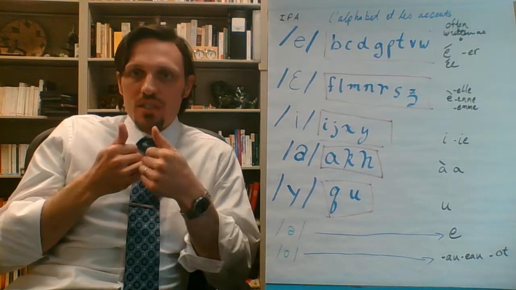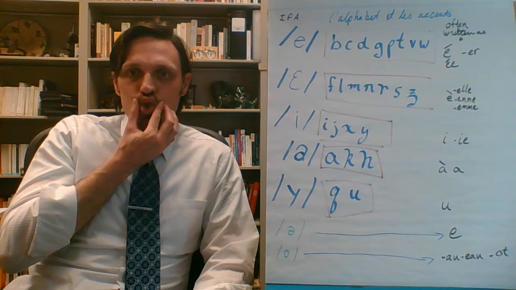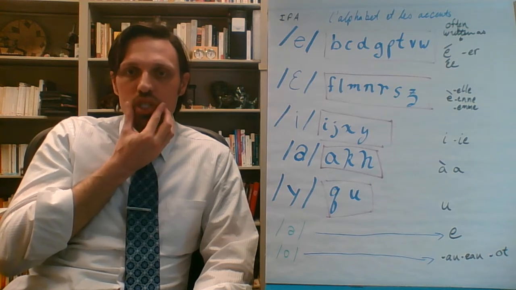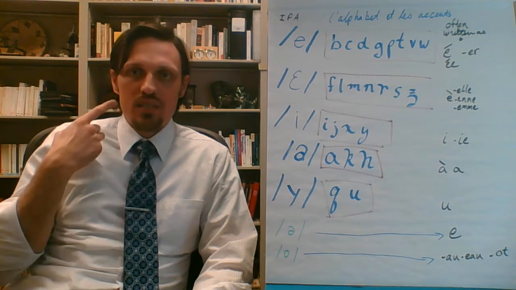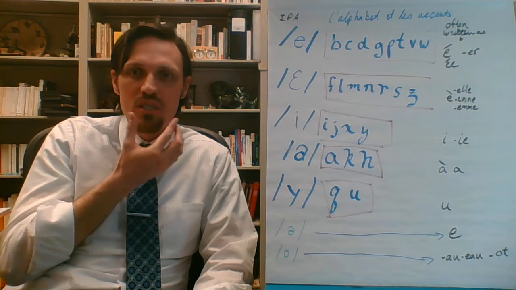You push your lips inward, so you start by going E, E, E, and then you push in, and once you get it like that, inside my mouth my tongue and stuff is the same position, but it's just my lips that have moved.